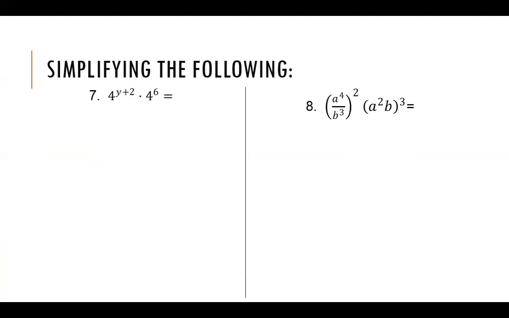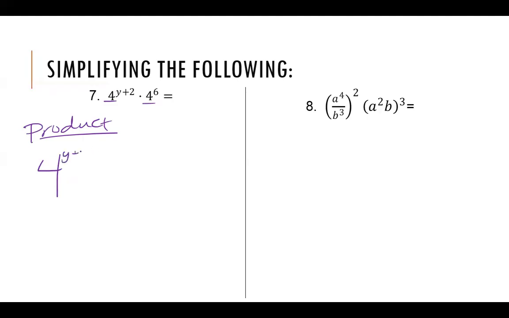All right. Let's keep going. So 7, we have 4 to the y plus 2 and 4 to the 6. Our bases are the same. So that means we can use our exponent rules, right? Because the bases are the same. Which rule am I applying here? Product rule. Product rule means that if my bases are the same, which they are, all I'm doing is adding their powers.